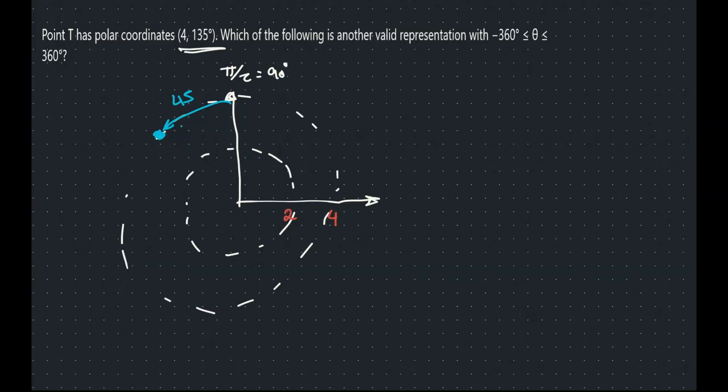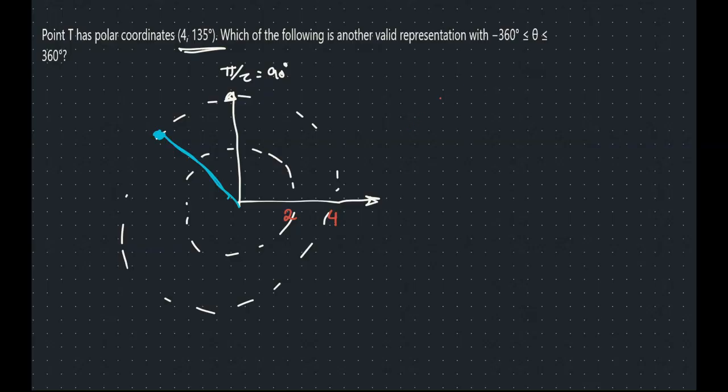Therefore, we know it's exactly 45 from the 90-degree point, and we can draw a line to make it more obvious.